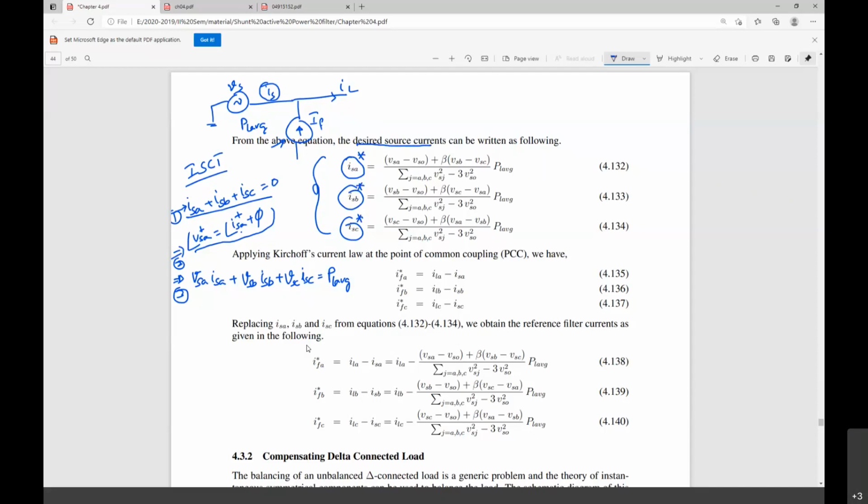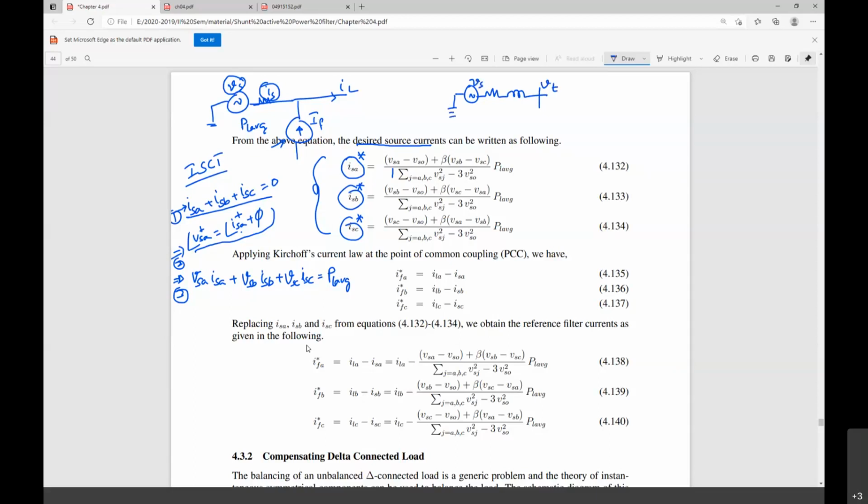Here, these particular voltages of VSA, VSB and VSC, but in this particular derivation, they have considered the source impedance. They have not considered the feeder impedance. If there is a feeder impedance, then we have to take the terminal voltages VT, not the source voltages.